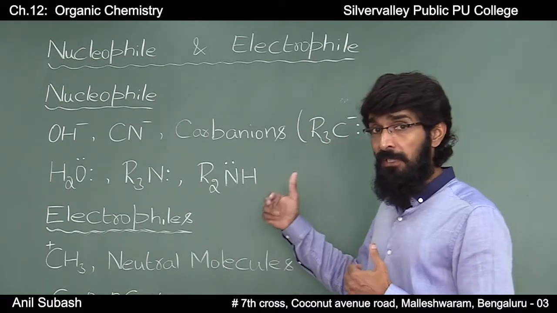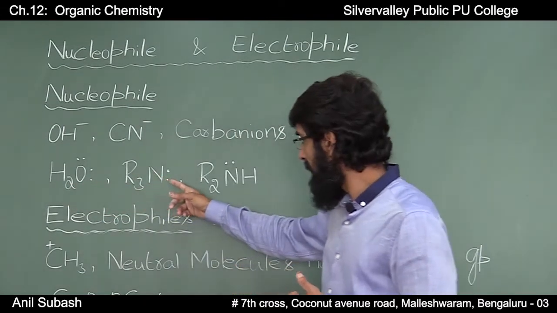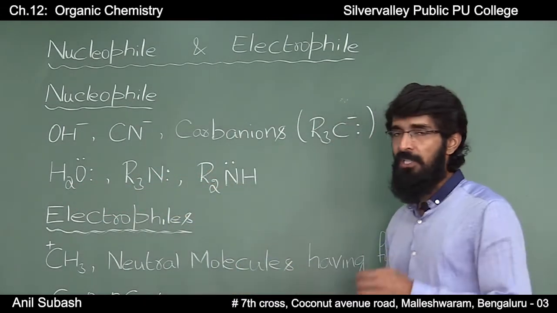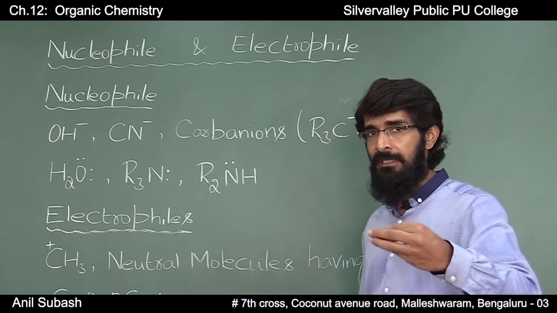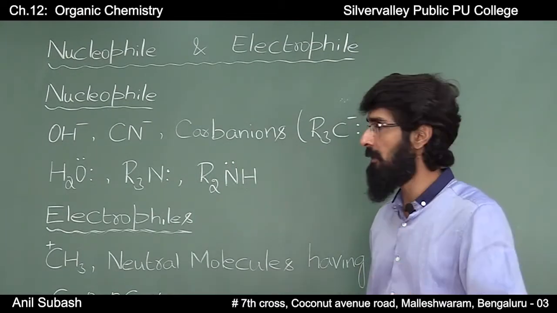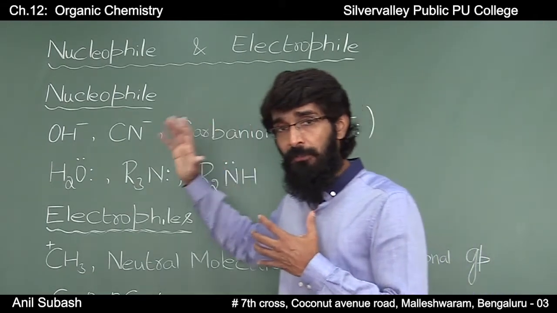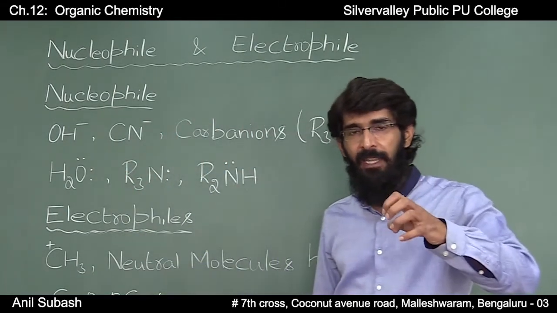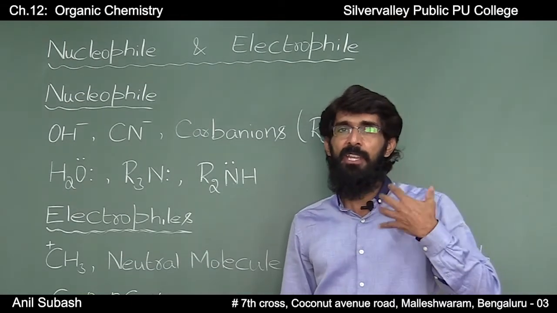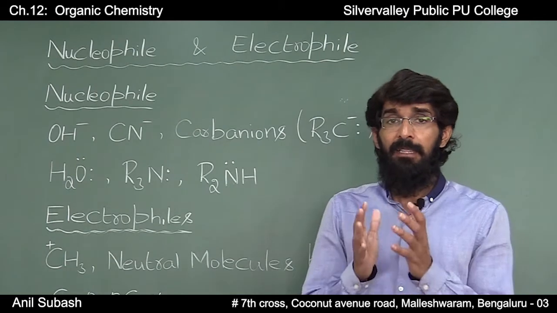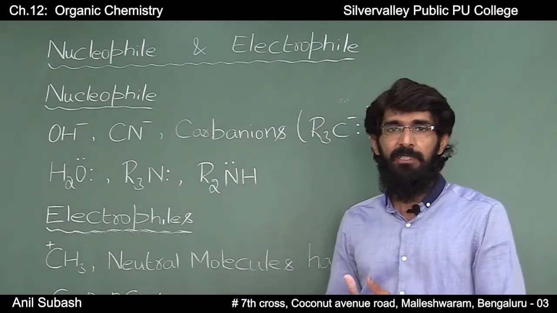Even neutral species like H2O, R3N, R2NH are also nucleophiles because they have an excess lone pair of electrons. These nucleophiles are electron rich and they attack the site where there is a deficiency of electrons, and such reactions are called nucleophilic reactions.